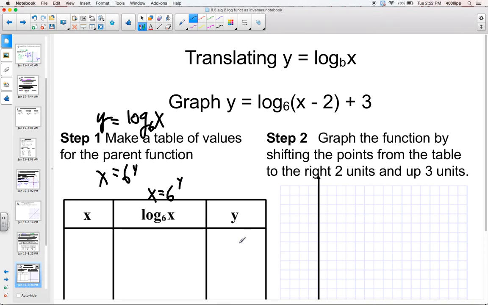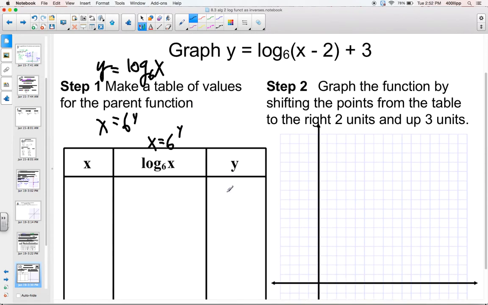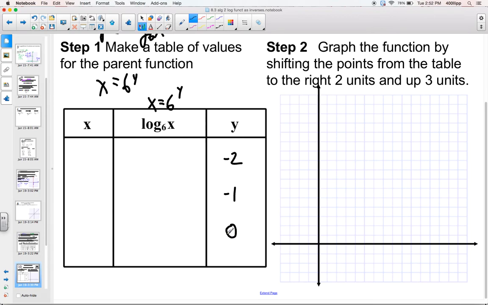Okay, so we know that when your y is in your exponent, plug in for your y. Plug into whatever your exponent is. So we'll plug in some values here. So we'll plug in -2, -1, 0, 1, so on. Okay, so we'll plug that in.